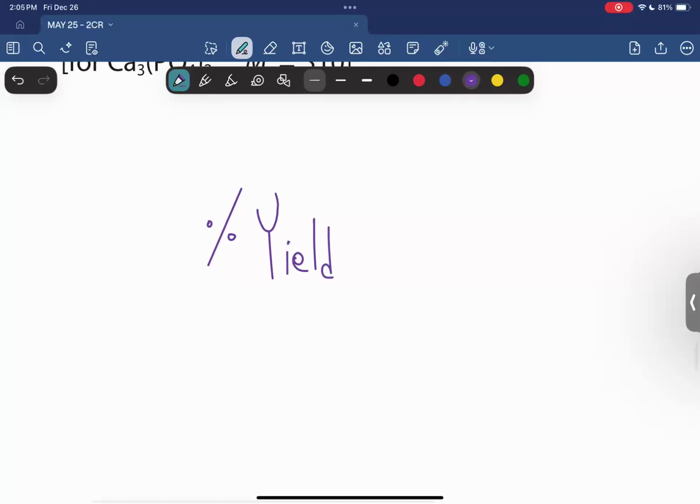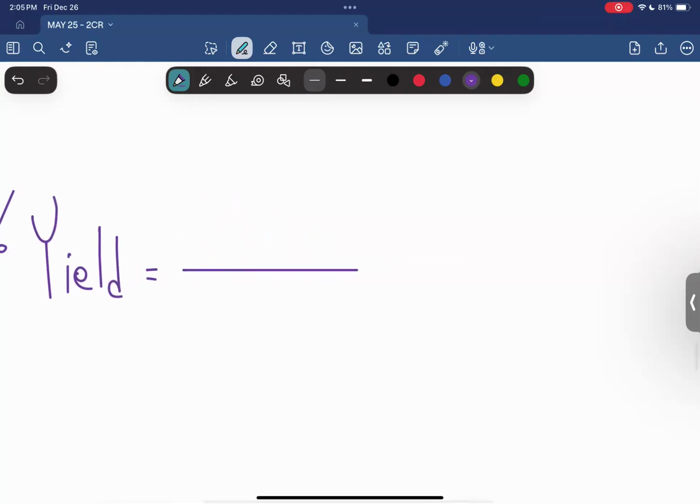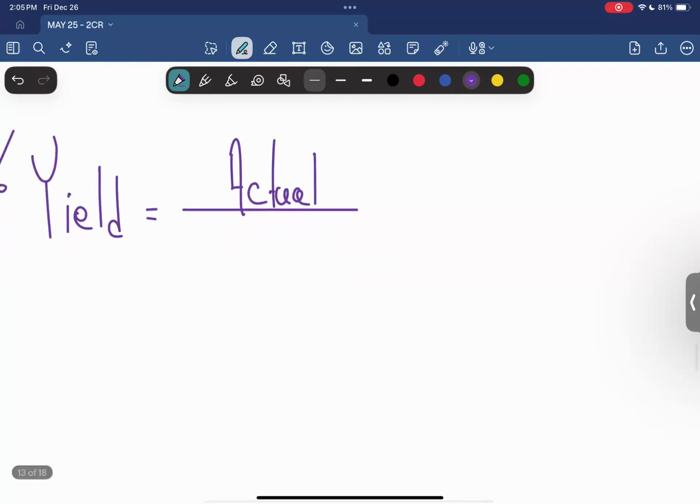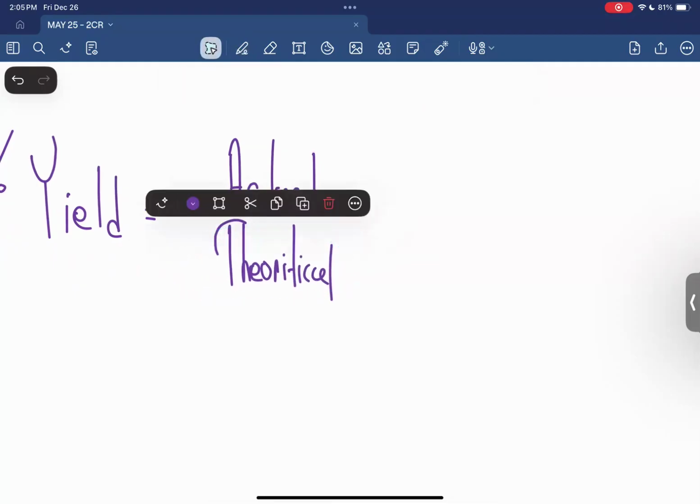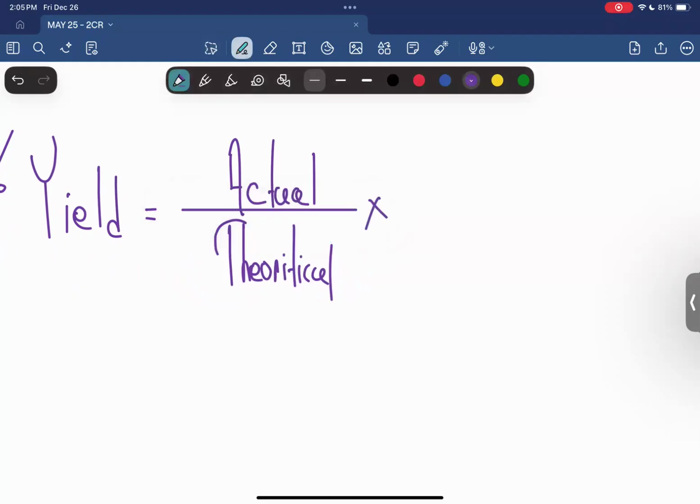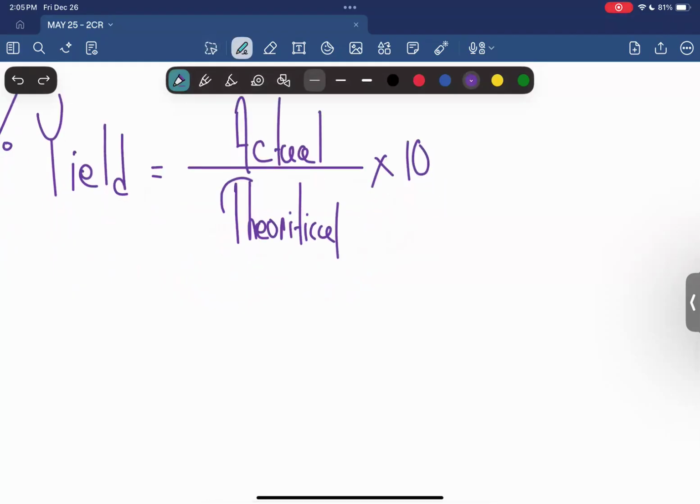So the percentage yield is actual yield by theoretical yield times 100. So using this formula, you'd get the percentage yield of something, okay?